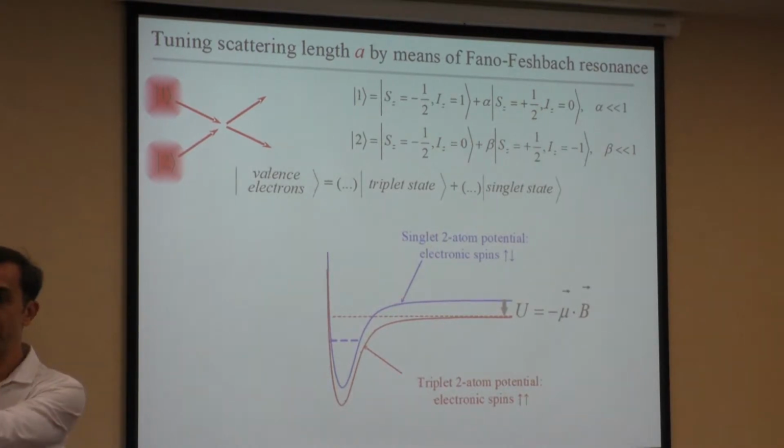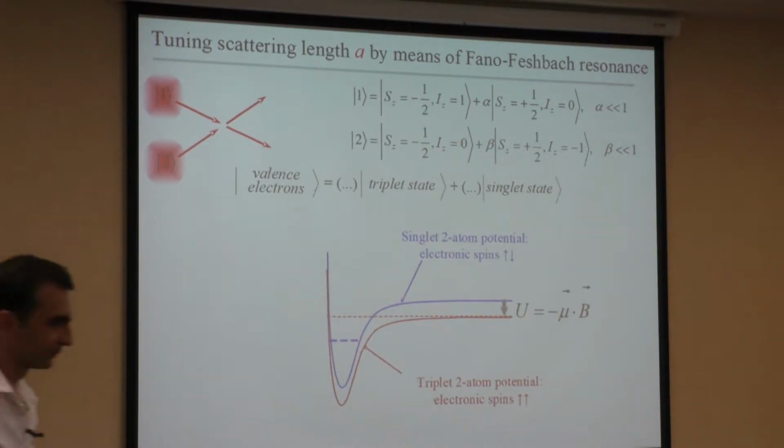They are triplet, with magnetic moments aligned. So it's magnetic moments aligned, which means you can apply a magnetic field and change the energy of the two atoms by changing the energy of the two electrons.